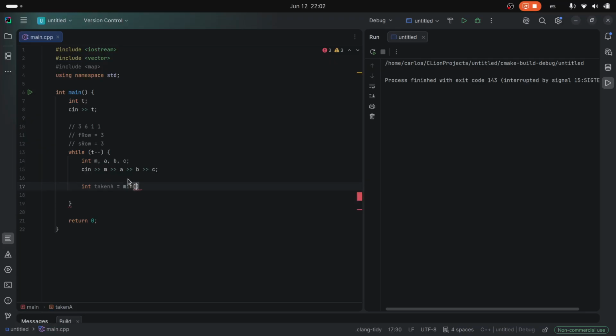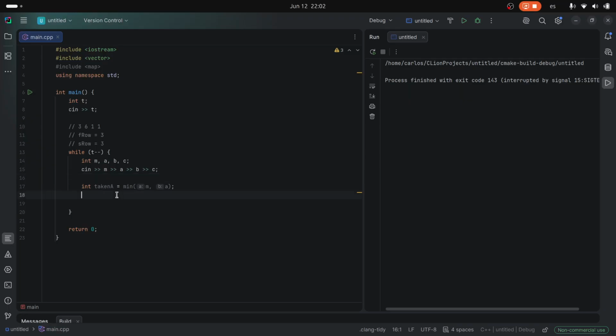To calculate this, we can take the minimum of m, which is the number of seats available in the first row, and a, the number of monkeys that want to sit in that row. Here, m is going to be 3 and a is going to be 6.